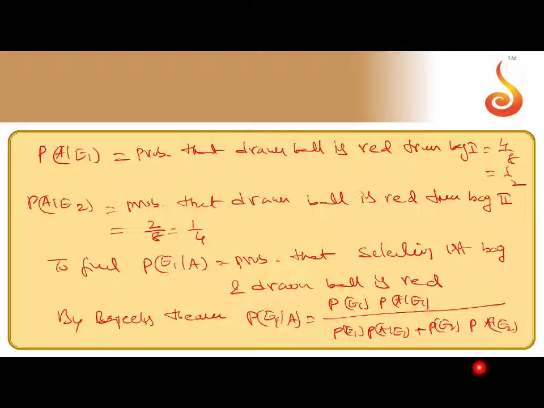Let us take the steps on the next page. We have P of E1 is 1 by 2, P of E2 is 1 by 2, P of A given E1 is 1 by 2, and P of A given E2 is 2 by 8, which means 1 by 4.